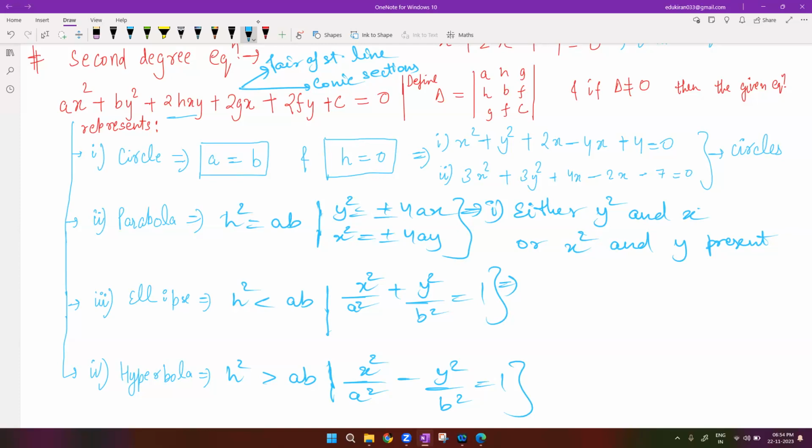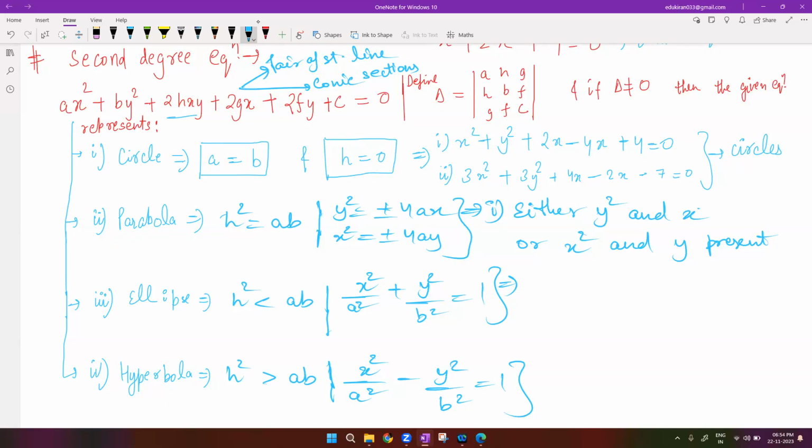So in case of ellipse, you will find x square and y square both. Both will be there, but their coefficients will be different, but the sign of the coefficients will be the same. See, this is also positive because this is 1 upon a square. The coefficient of x square here is 1 upon a square, and the coefficient of y square is also 1 upon b square.